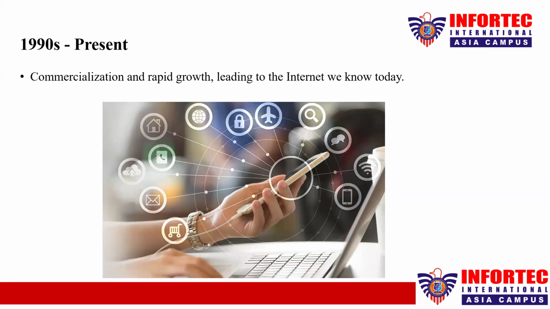We have Bluetooth, we have AI, we have smart devices, other commercial related things. All this came in the 1990s, and after that, nowadays we have all these things on the internet. So commercialization and rapid growth happened after the 1990s, and it is leading to the internet we know today.